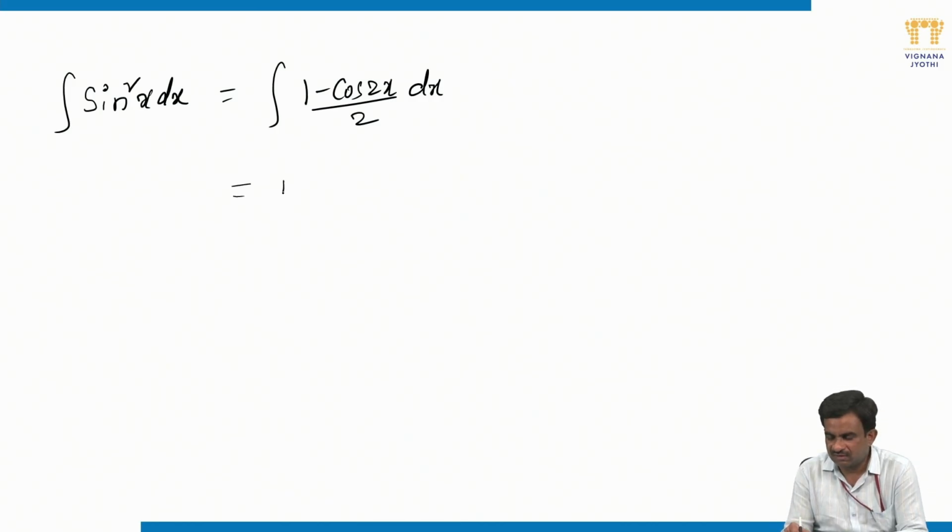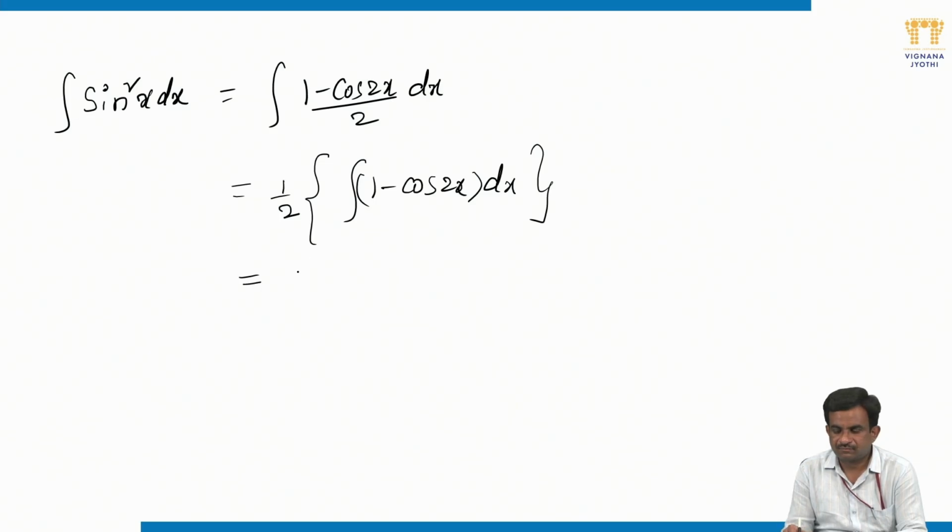So you can write 1 by 2 outside. Then take one flower bracket: integration of 1 minus cos 2x dx. Close this flower bracket, and this is equal to 1 by 2 into, now you can separate these two integrals: integration of 1 dx minus integration of cos 2x dx.